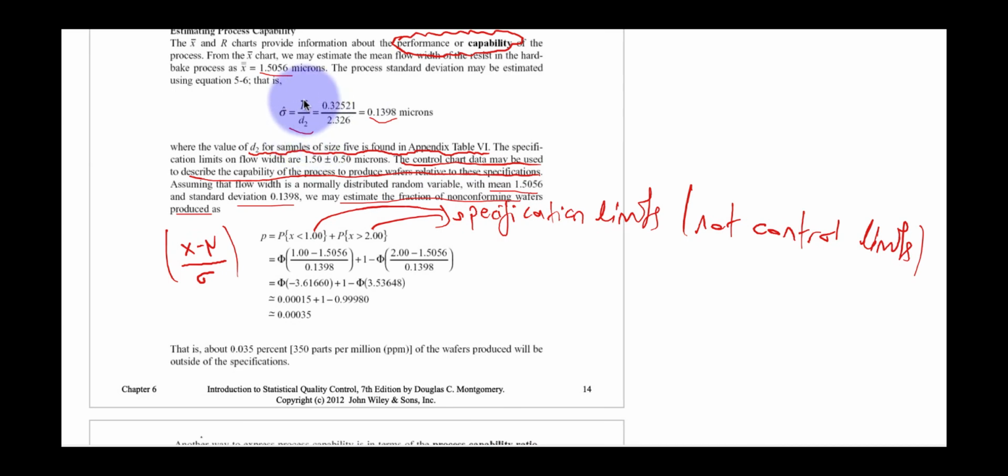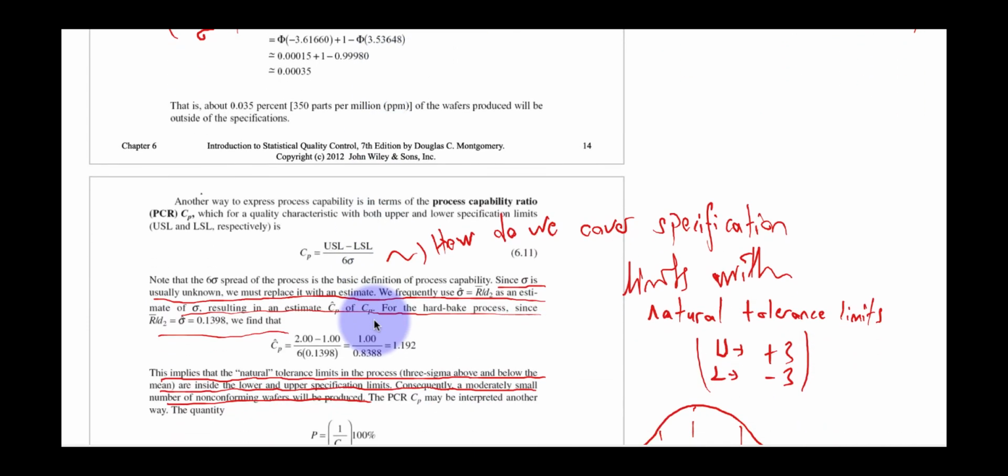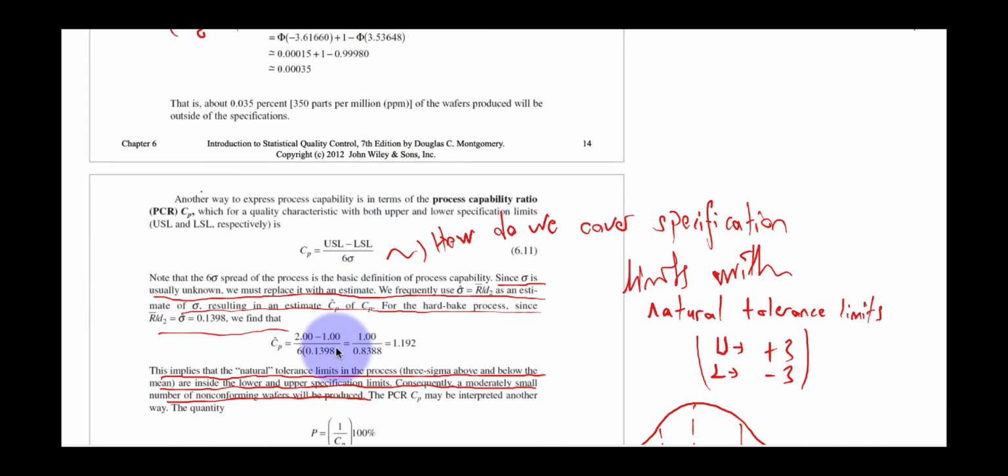This is our formula. It comes from the relative range formulation. We can estimate the standard deviation, and this calculation is just the example of the hard-baked process, okay? And we can estimate the process capability ratio by using the standard deviation estimation we have.